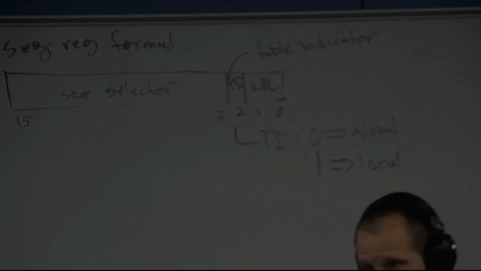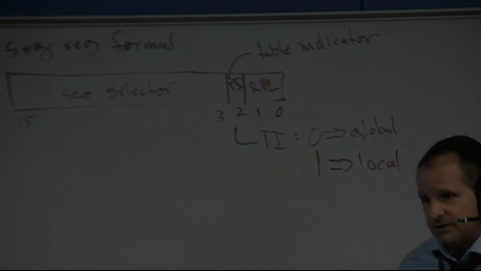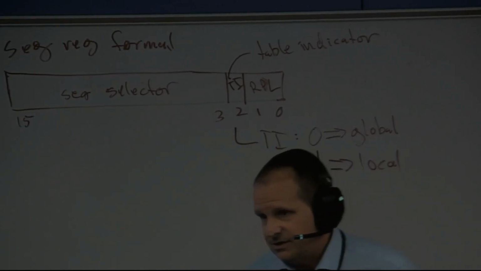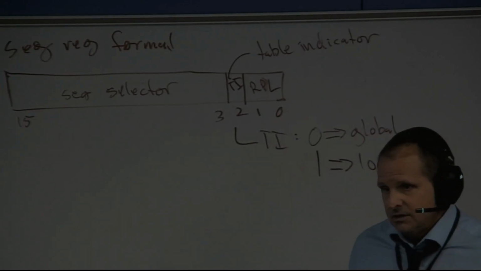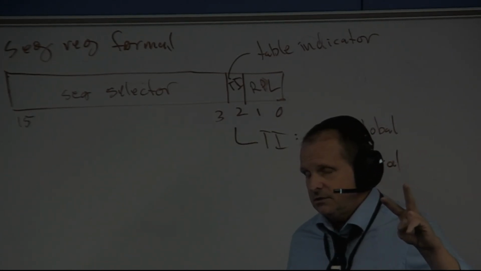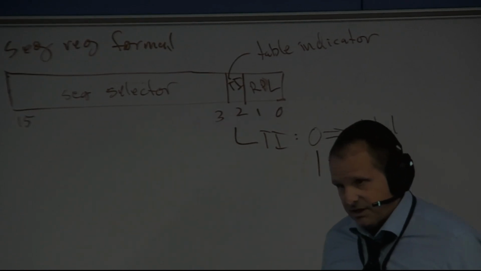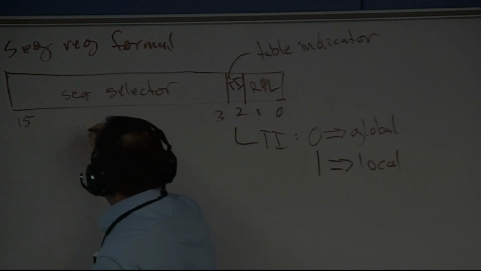And again, the compiler would set the table indicator bit appropriately. If it's a system call, like for system timer or date, it's going to be okay. Bottom line is there are two segment tables.